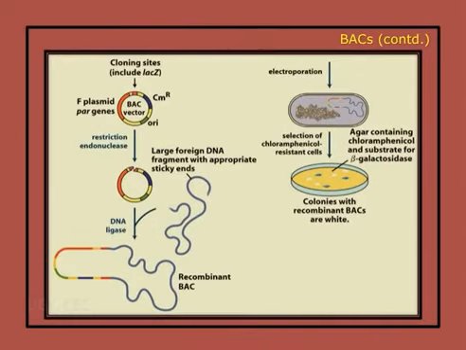You can see here the picture of a BAC wherein the F plasmid par genes and chloramphenicol resistance genes are there, and this large cloning vehicle can incorporate a huge amount of DNA. This entire recombinant BAC is introduced inside the bacterial cell by means of electroporation, and we select those recombinant cells by means of blue-white selection.